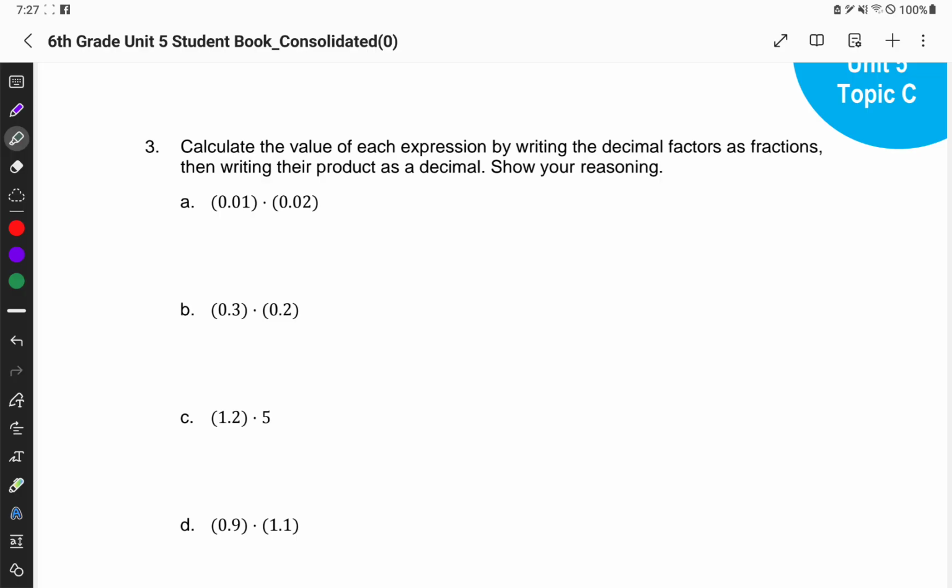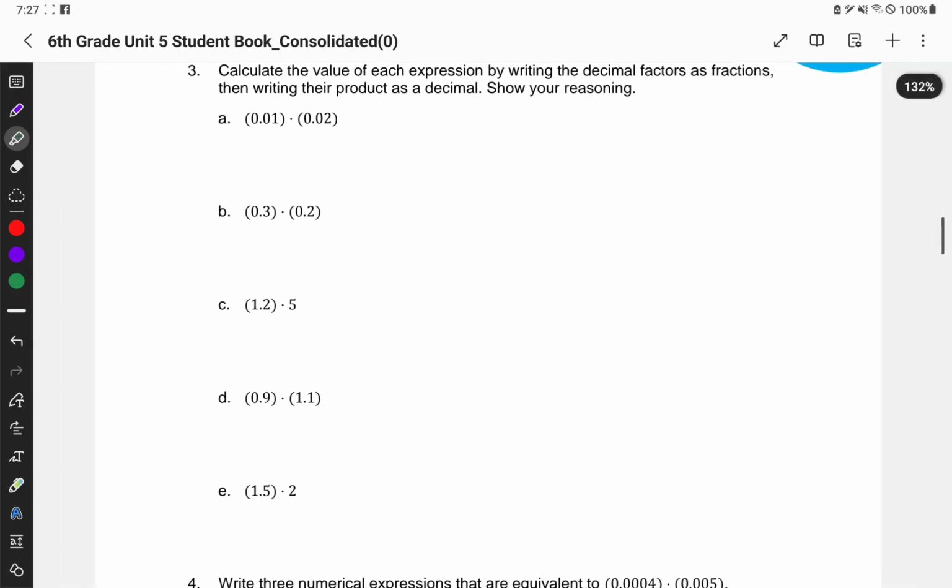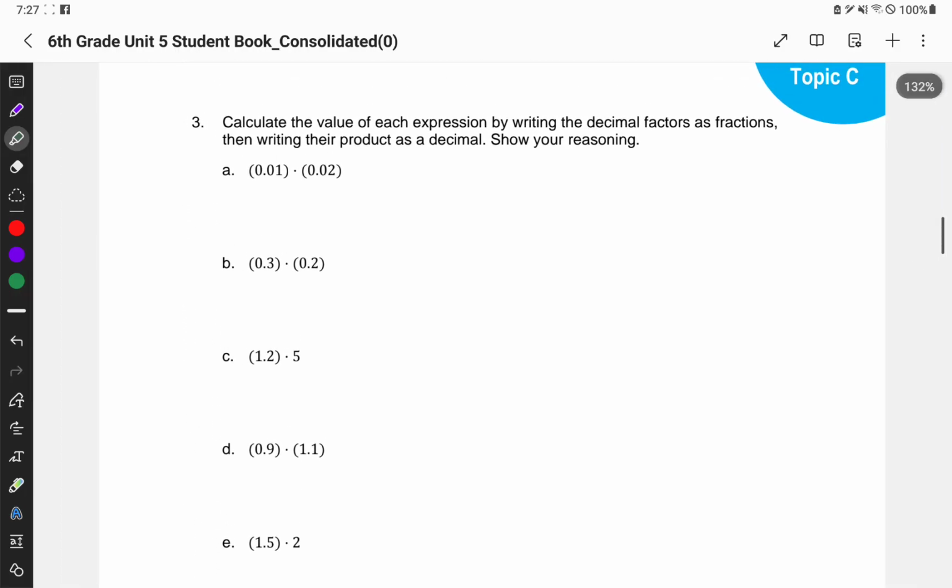Okay, now for question 3. I'm not going to do all of these because that'll take forever, and I don't want this video to be super long. It says calculate the value of each expression. So we're just going to find out what each one equals.